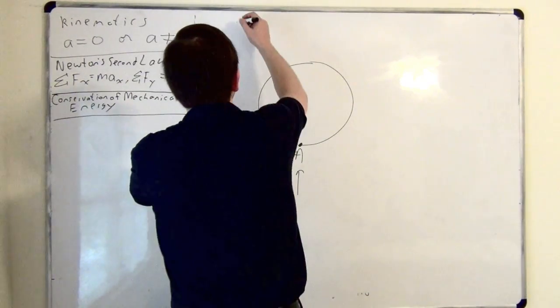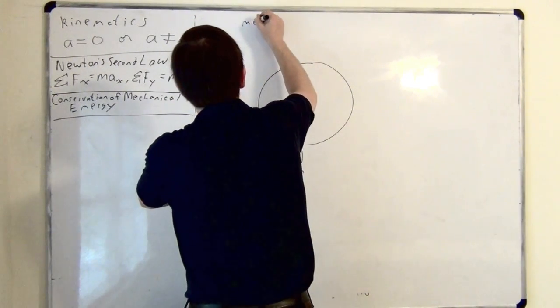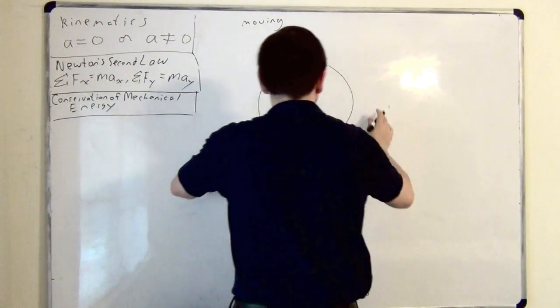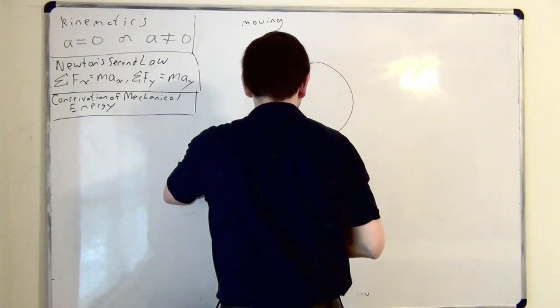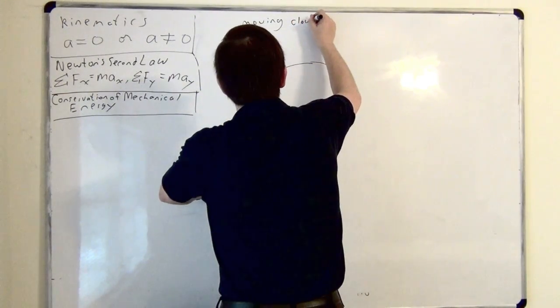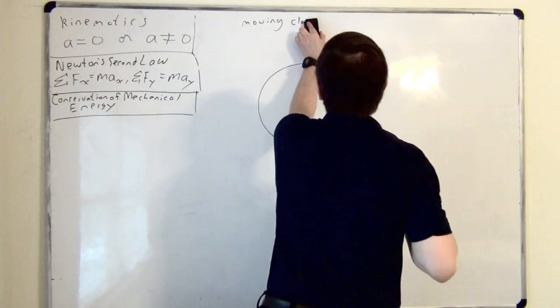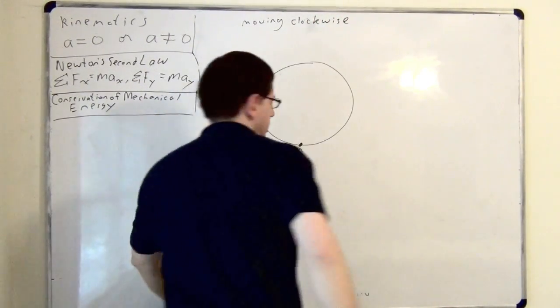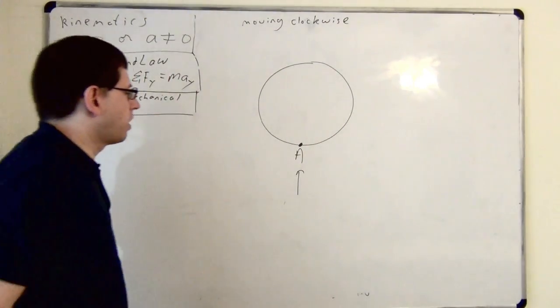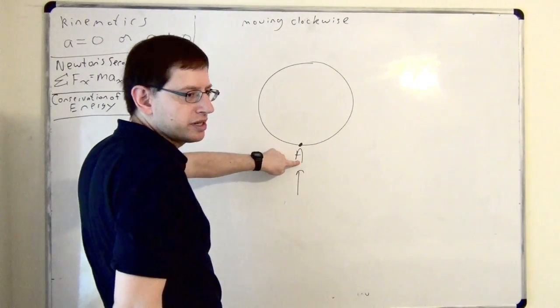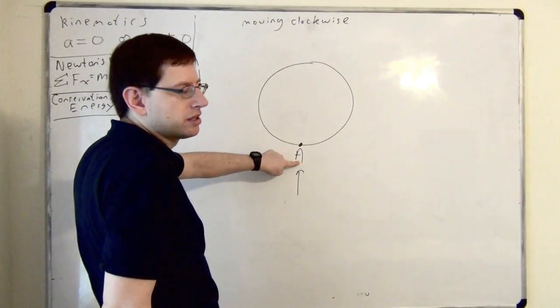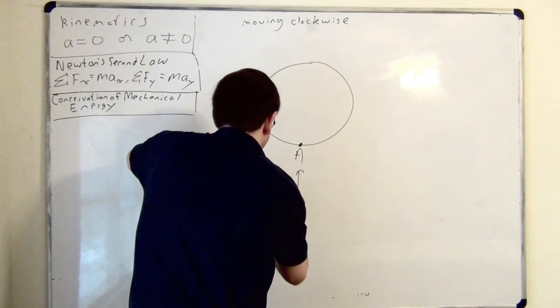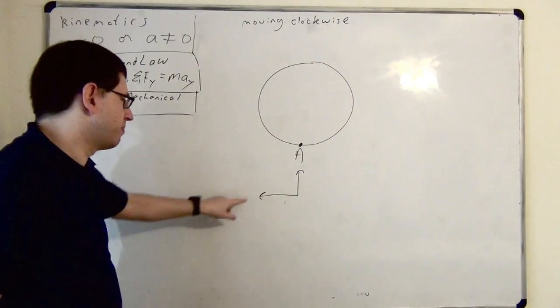So let's say here that the object is moving clockwise. What's the direction of motion at this point? To the left.